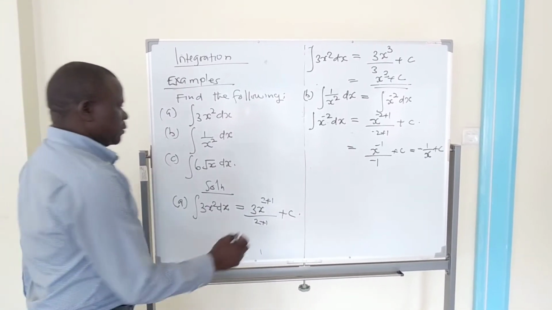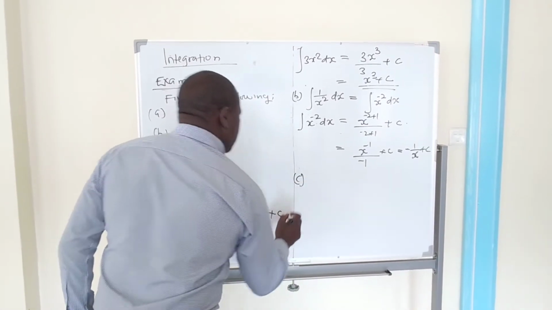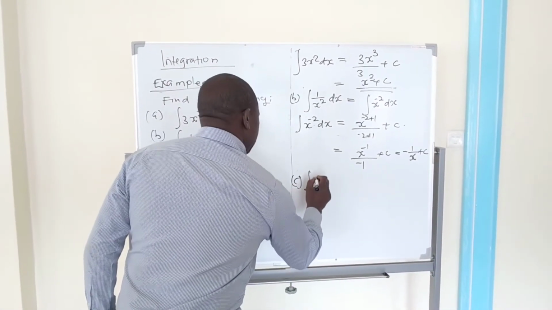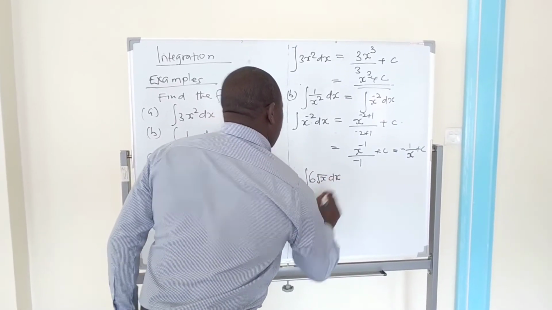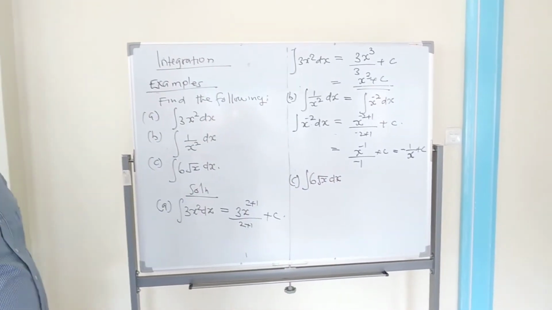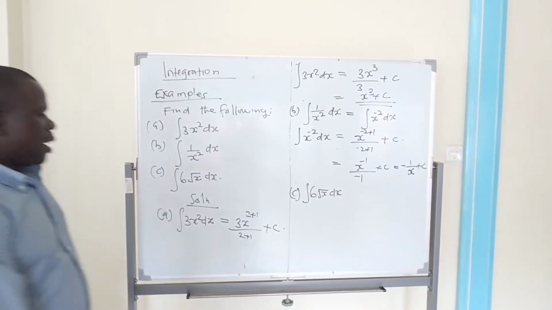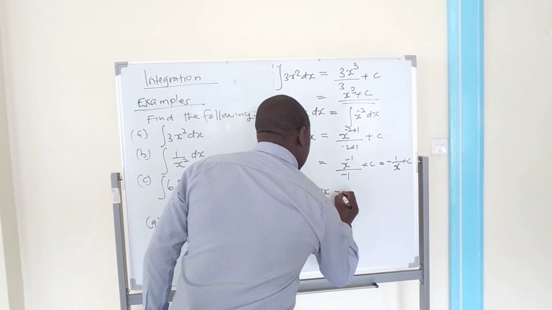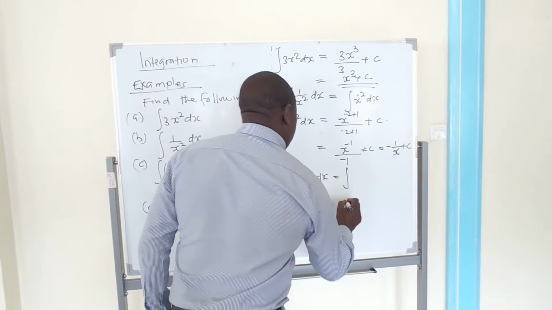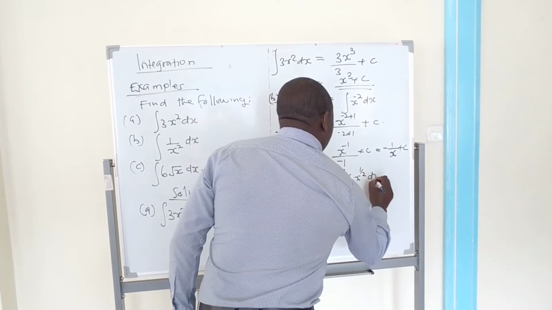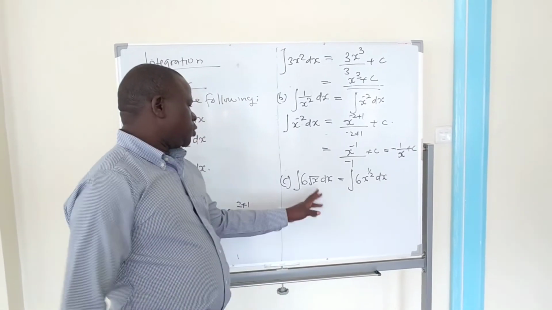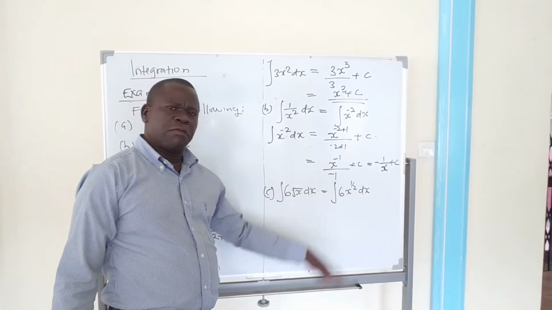So what about part C? Part C, I'm integrating 6 root of x dx. Now I can simplify this also by saying this is the integral of 6 x to the power half. Remember that root x is the same as x to the power half.